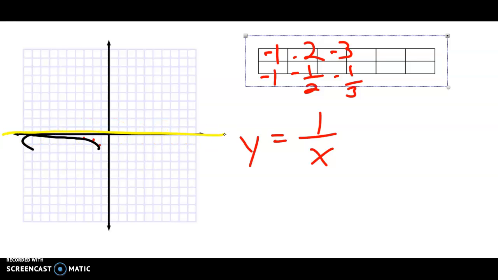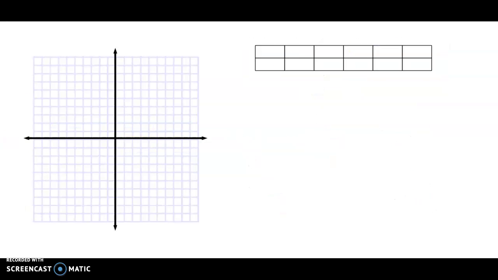Same thing is going to be true when we start talking about from 0 to -1. When I put in a negative fraction, reciprocal, that's going to give me a -2. So when x is -1/2, it's going to be -2. And then when I put a -1/3 in, that's going to give me a -3. So it's going to do the same thing.